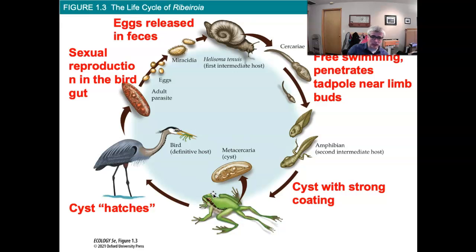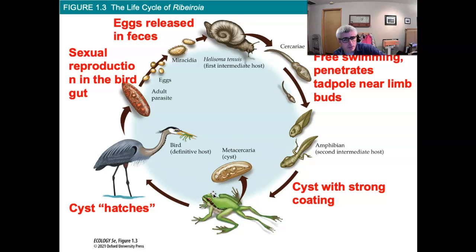When you cut it open and look, it's just a sea of these little tiny cysts. It's pretty gross. I forget the genus and species of that, but I had an undergrad work on that when I was in grad school, and she wrote a nice little paper about it. So in this case, Ribeiroia has a very complex life cycle.